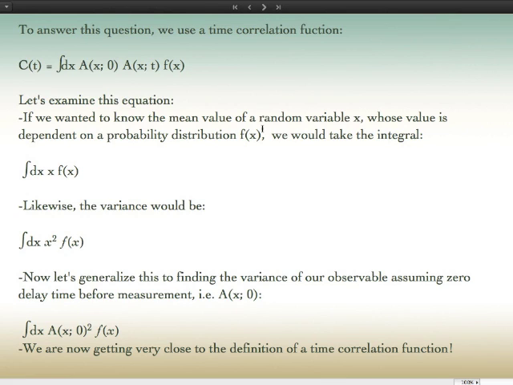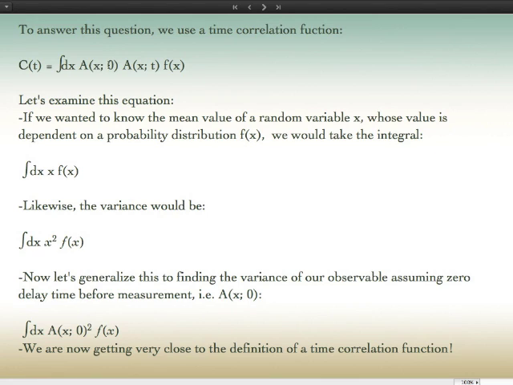Okay, so let's start with a little bit of a derivation, but not really. So here's the formula for a time correlation function right here. This is the typical formula you'll see. Essentially it's two measurements. A is making our measurement of our system that depends on some random variable x.